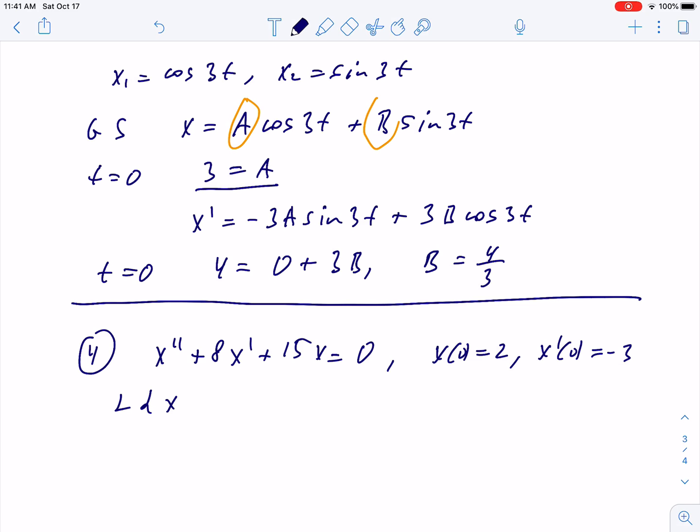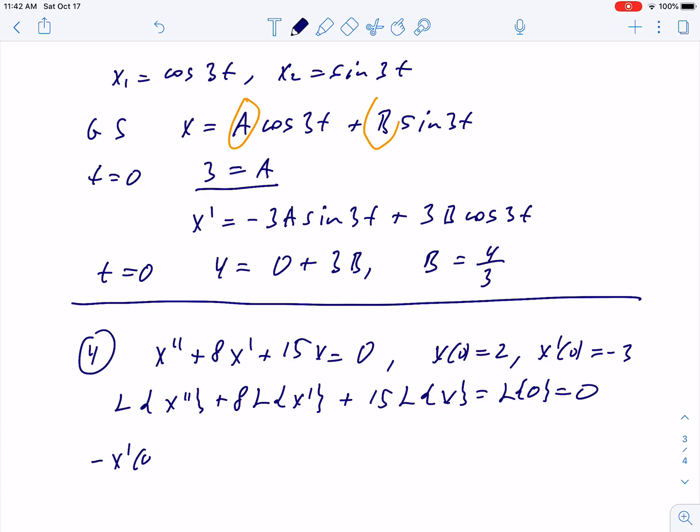Laplace x second plus 8 times Laplace x prime. So we distribute and take the coefficients out. 15 times Laplace x. And this equals Laplace 0, which is 0. Immediately using the formulas for the derivatives.